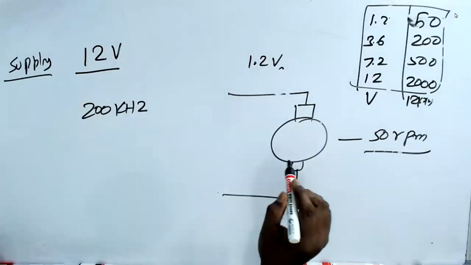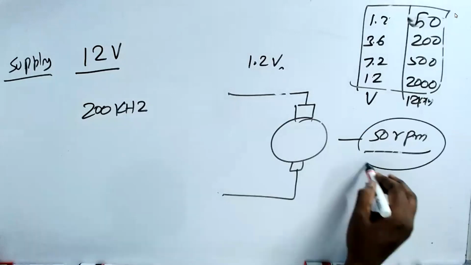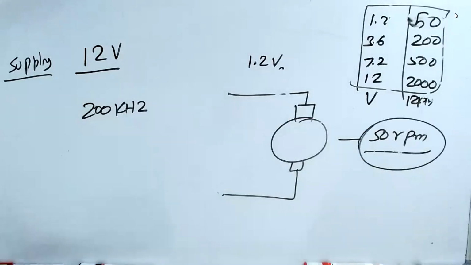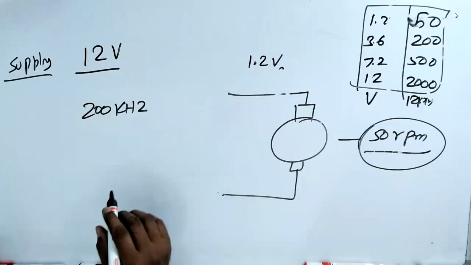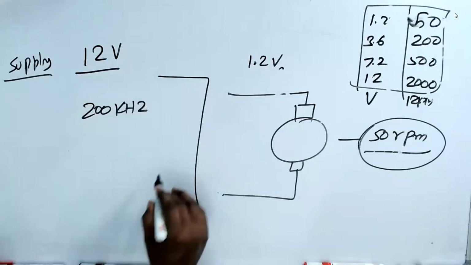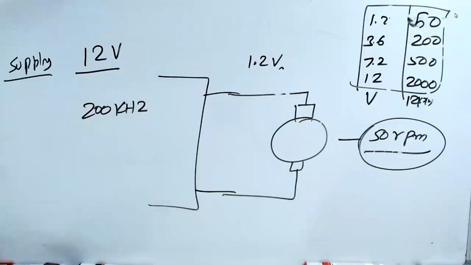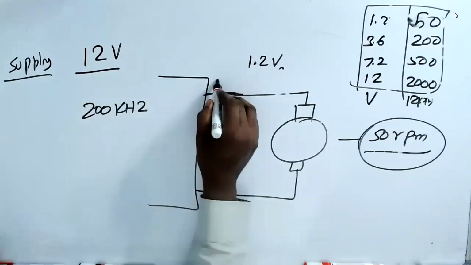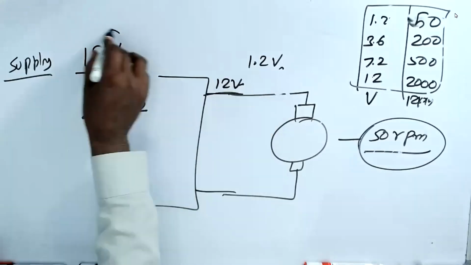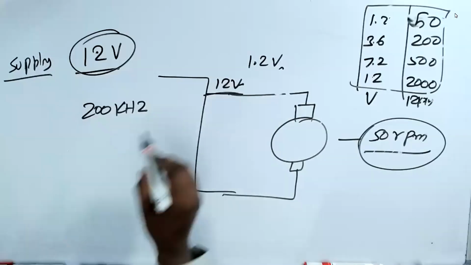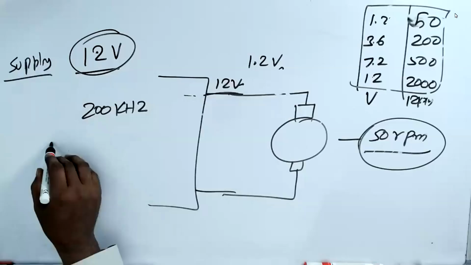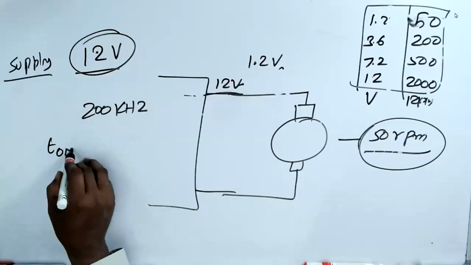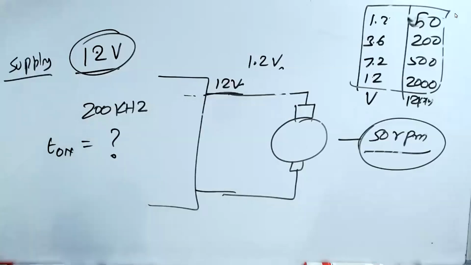This is what you're controlling through the microcontroller. The output on voltage is 12 volts because that is the supply voltage. You're going to switch on at this frequency. Now I'm asking you, what is T on? From this information, can you tell me? I've given you all the information.